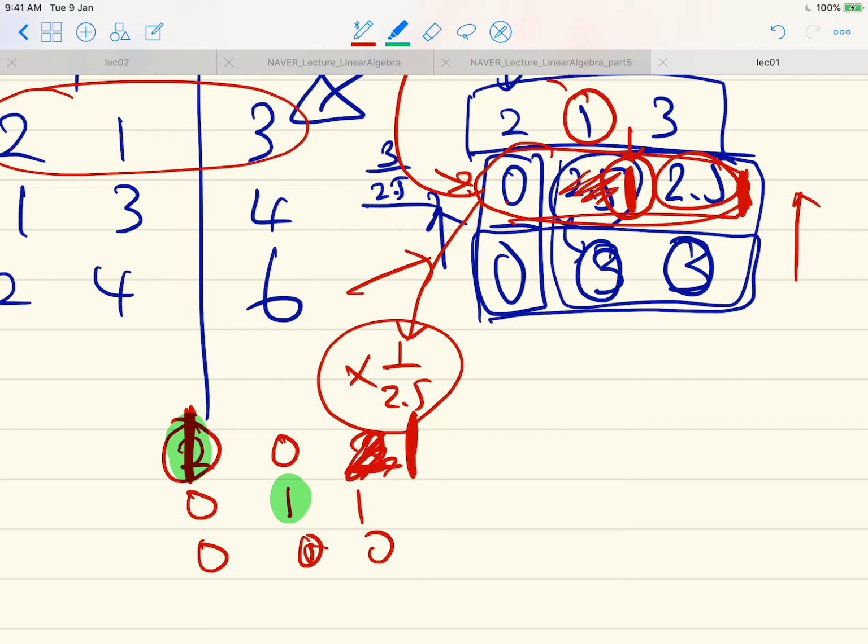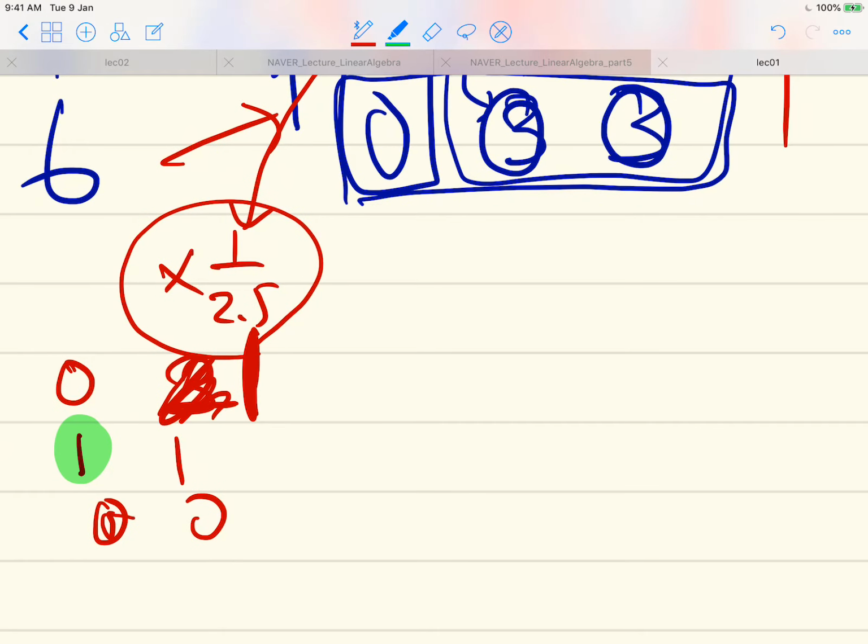Okay, when starting from the left, the first appearing non-zero entry in the row, but those rows should be considered for this Gaussian elimination result. Okay, so the definition of the leading entry is the first appearing non-zero entry at a given row.